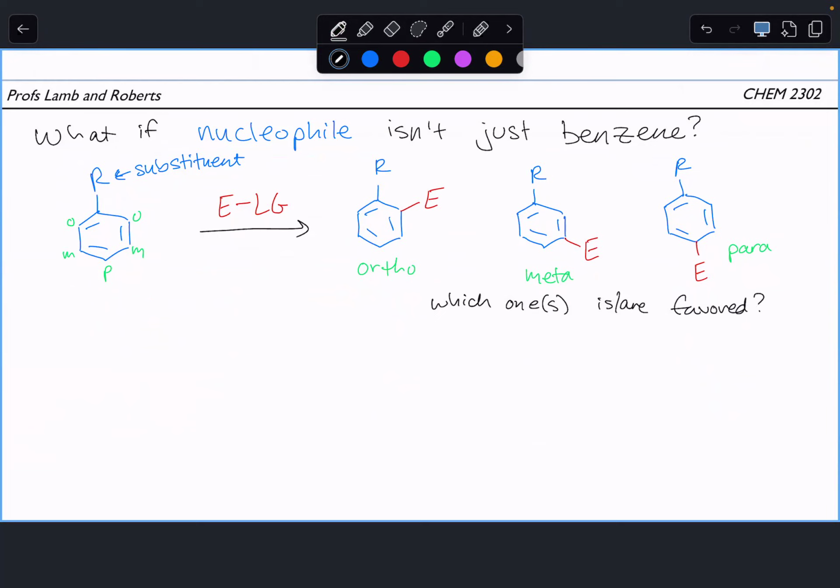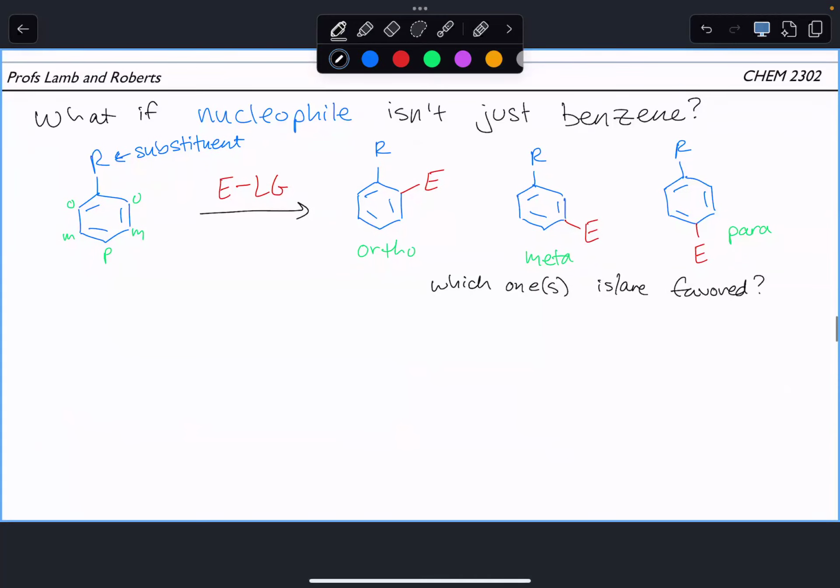So that is what we're going to talk about for the rest of the class period today, because it's a little bit complicated because it depends on what R is. So these are actually two different learning objectives that we're going to combine, or talk about at the same time.